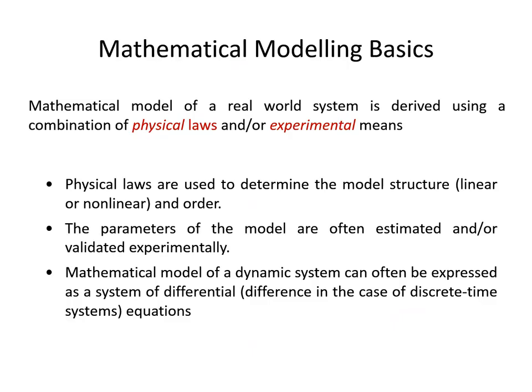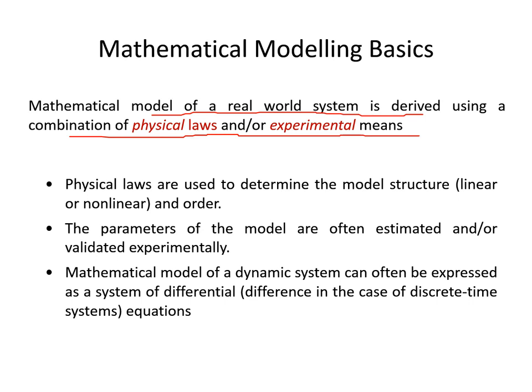So let us summarize some of the basic rules of mathematical modeling, because that is primarily what this course is all about. A mathematical model of a real-world system is derived from the combination of physical laws and experimental means.